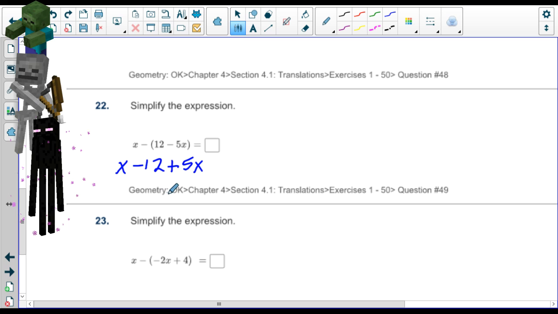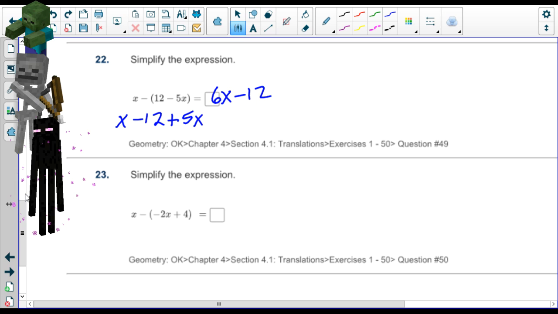So now I simplify. x and 5x makes 6x minus 12. So that would be my final answer on that one, 6x minus 12 right there. Okay? So I want you to do those other ones. And if you're struggling, just let me know and I'll give you a hand.